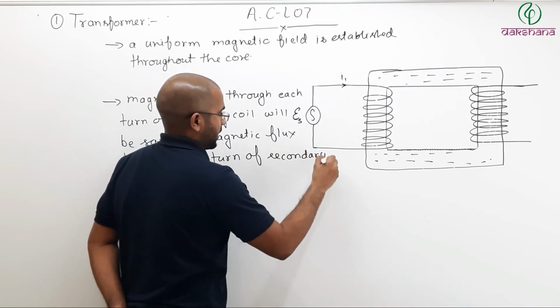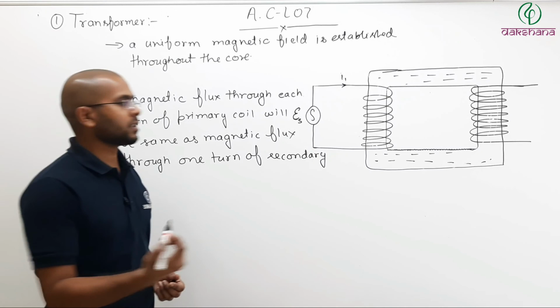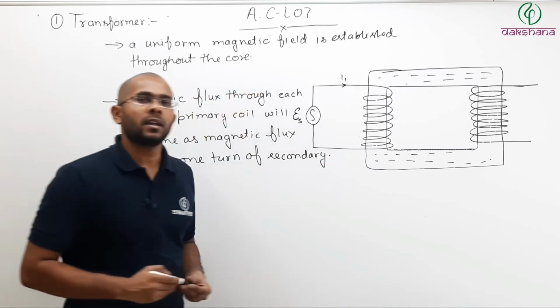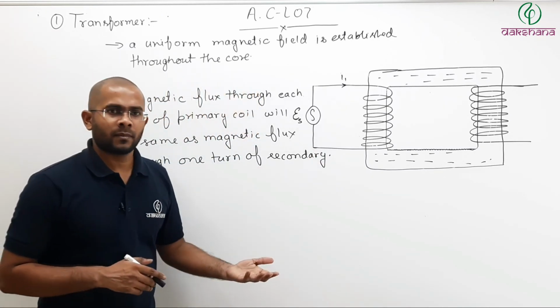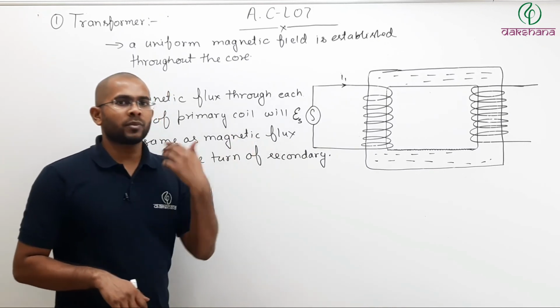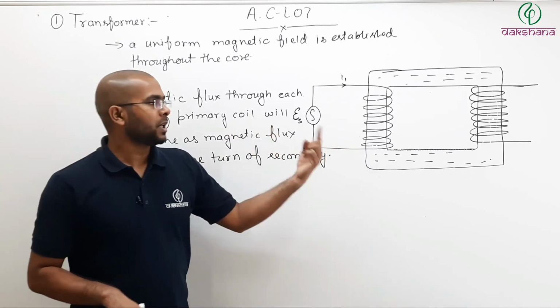So one turn of primary will have the same magnetic flux as one turn of secondary. Why? Because the field is the same everywhere and we are assuming that the area of one loop in both the coils is the same.